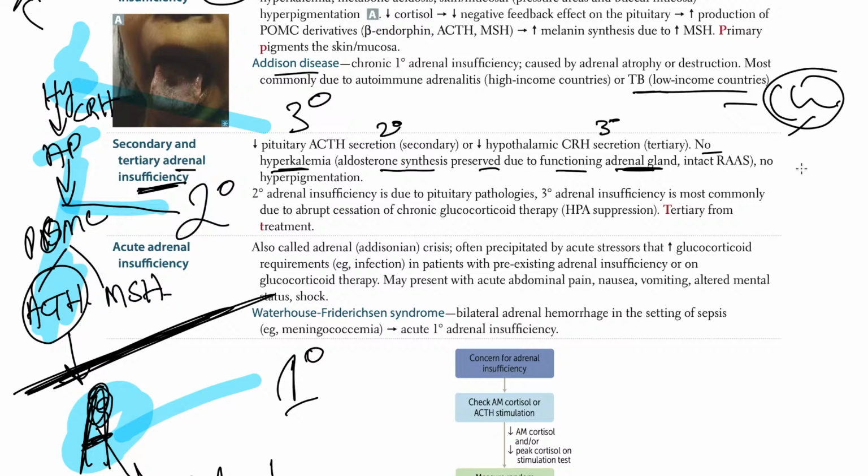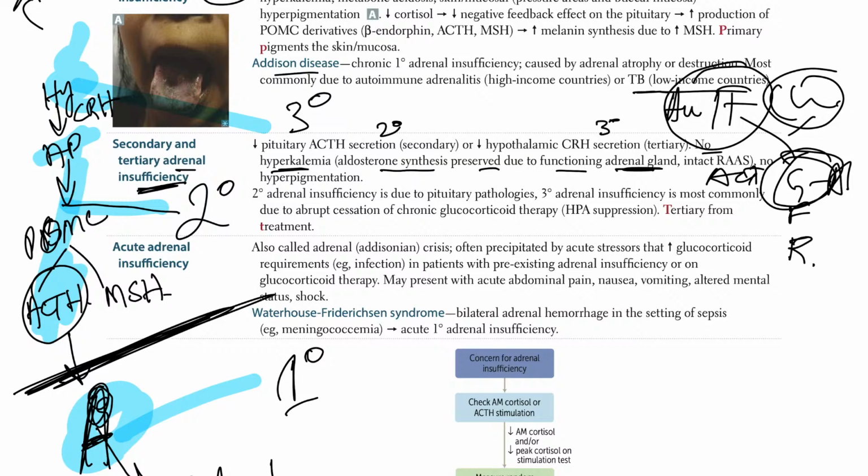And if you recall your GFR, glomerulosa, fasciculata and reticularis, glomerulosa didn't even need ACTH for the aldosterone to be secreted. All glomerulosa needed was angiotensin II coming from the RAS, renin-angiotensin system, right? So glomerulosa will be there, and glomerulosa will secrete aldosterone.